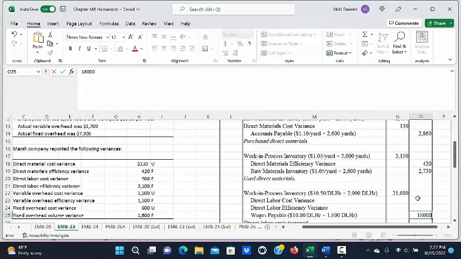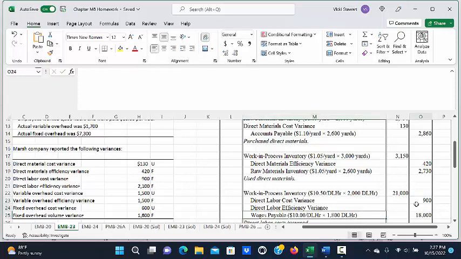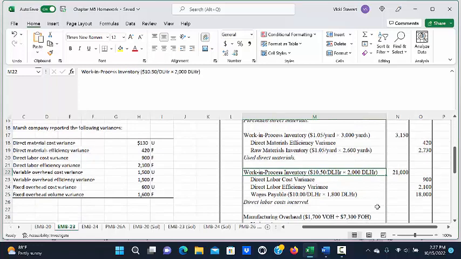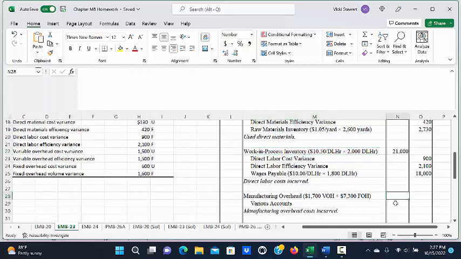So we had a favorable direct labor cost variance for the 50 cents per hour, and that would be $900. 50 cents times 1,800 hours, and we had a direct labor efficiency variance of $2,100 for the difference in the 200 direct labor hours times the standard cost of $10.50.